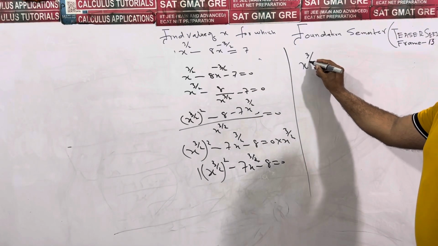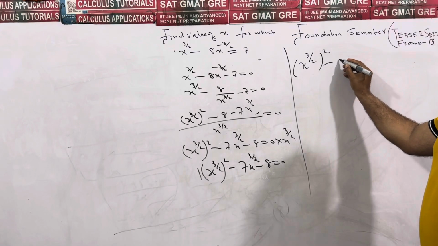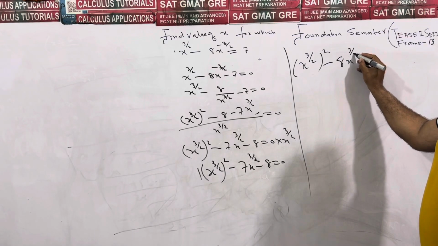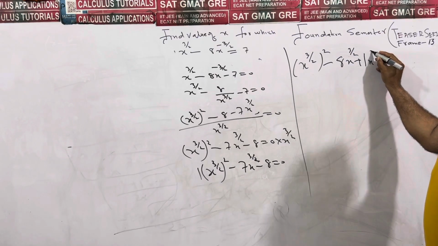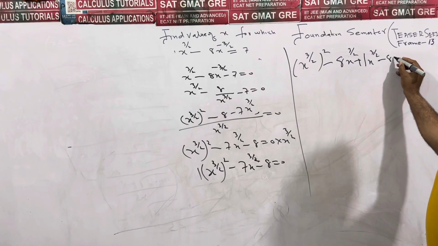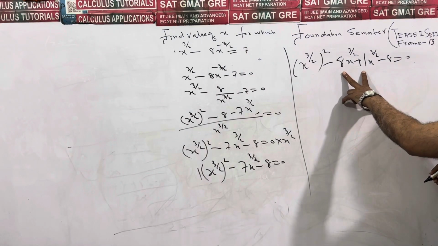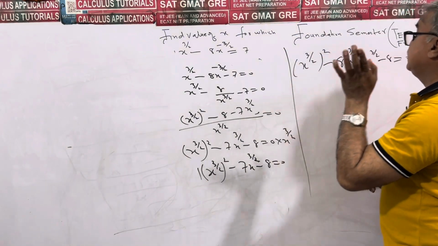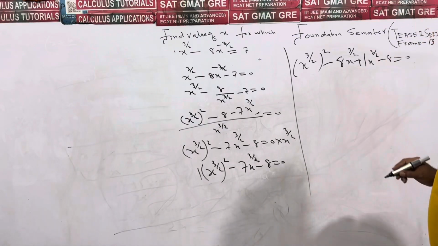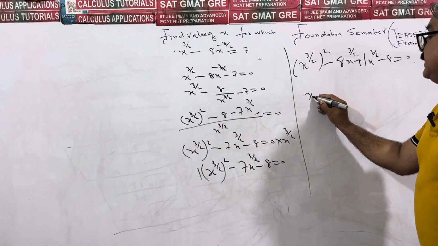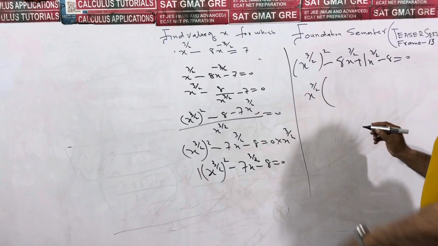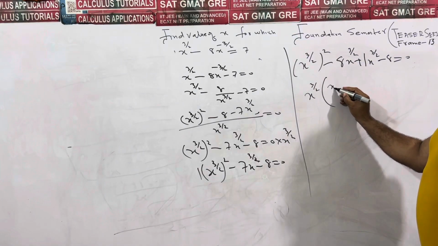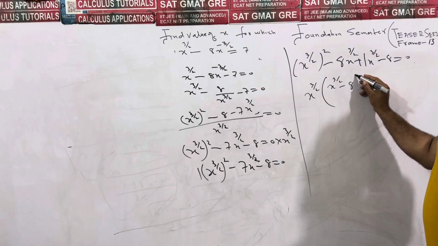X raised to 3 over 2 whole square minus 8 times x raised to 3 over 2 plus 1 times x raised to 3 over 2 minus 8 is equal to 0. Minus 8 plus 1 gives again minus 7 times x raised to 3 over 2. Take x raised to 3 over 2 common; what remains from here is one more, x raised to 3 over 2 minus 8.